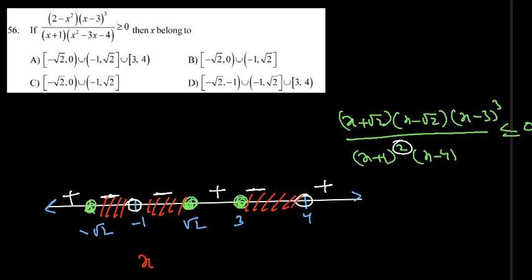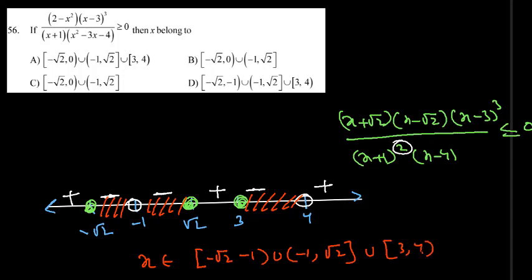So I can say that x belongs to closed minus root 2 to open minus 1, open minus 1 to closed root 2, union closed 3 to open 4. So I can go with option 4, that is D.